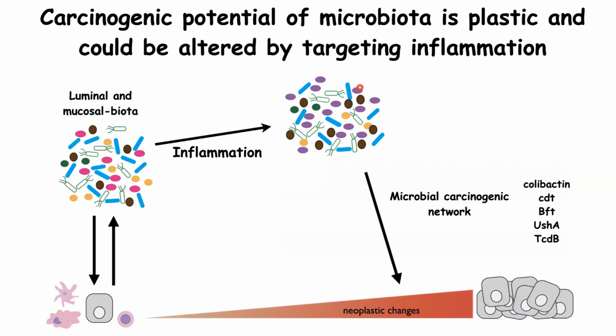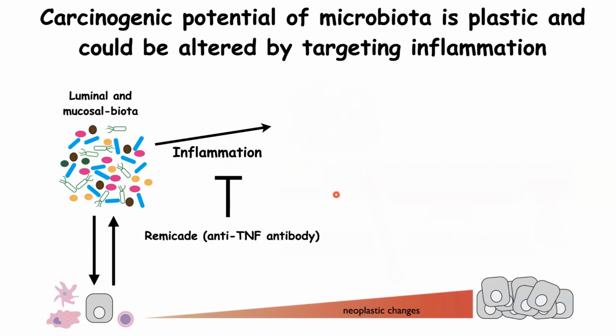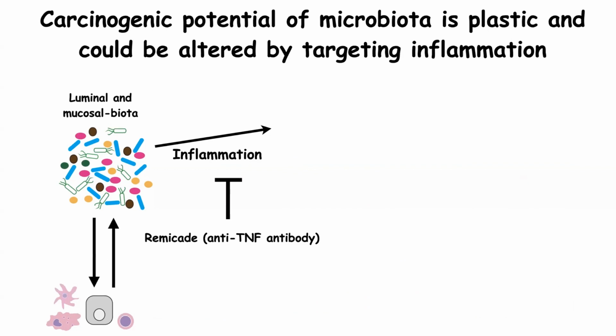I told you that, right? So the microbiome changes and creates a change in the functionality of toxins that cause neoplastic changes. If you intervene to block this inflammation, you're likely changing this carcinogenic network, and now you have fewer tumors. So the microbiome is very important in the therapeutic impact.